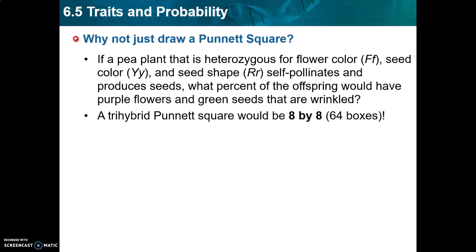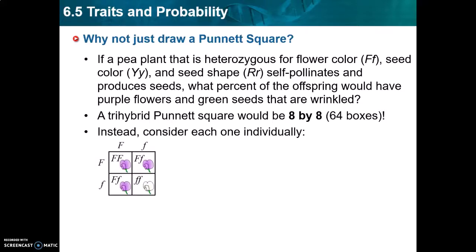So if we made a big tri-hybrid Punnett square for this, it would be 8 by 8. That's 64 boxes. Nobody wants to spend all the time filling in 64 boxes of a Punnett square. So instead, we do this the simple way by considering each gene individually. We can look at just the flower color gene.